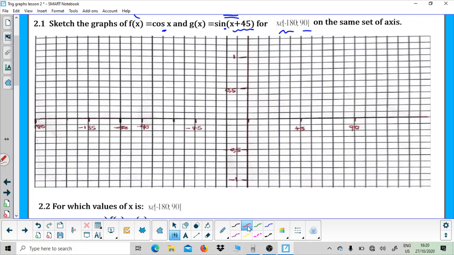I'm starting with function of x. So at negative 180, I'm here on negative 1. Then negative 0.707. So 0.5, 0.6, 0.7.